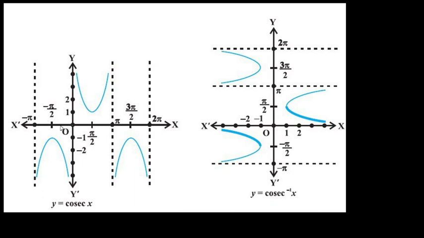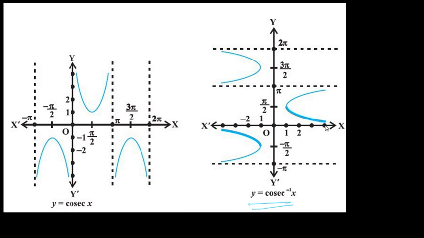On the other side, that is the left side, minus pi by 2, minus pi, minus 3 pi by 2, minus 2 pi, likewise it goes. So when it is inverse, that is y is equal to cosecant inverse of x, then it is represented in this way. You just have to tilt it like this so that it is oriented along the y-axis. So y is equal to cosecant x. In this case the minimum value is pi by 2.